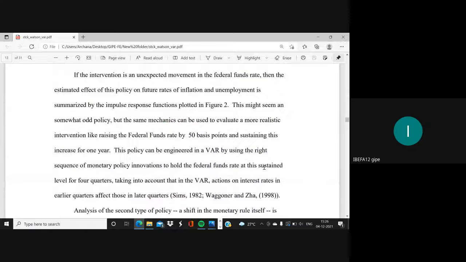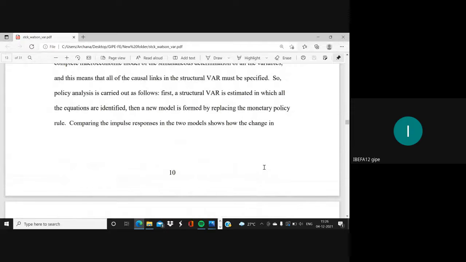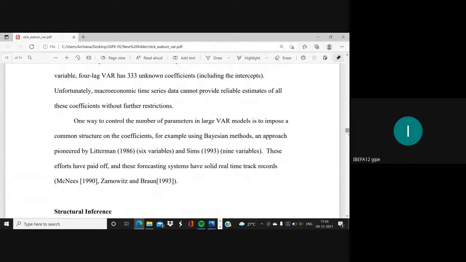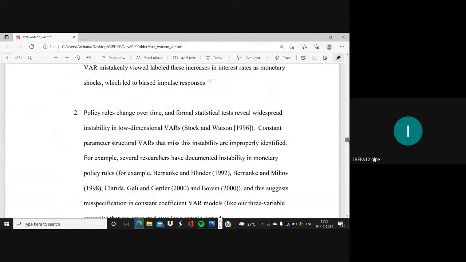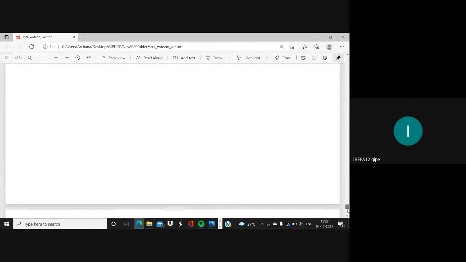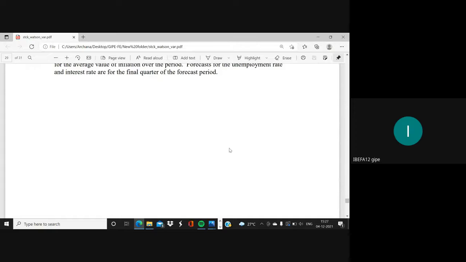Now, the part that I'm interested in, since I've already showed you the IRFs, we'll go straight to the variance decomposition. That comes right at the end, I think.